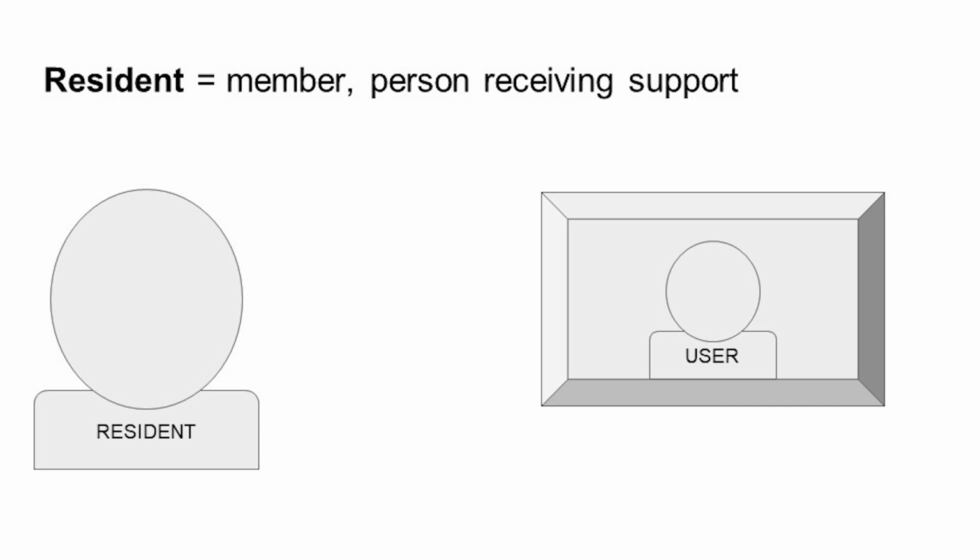And so Daniel, in that case, would be the resident, the one who has the touchscreen. The resident is the one who is receiving support from one or more users. And the resident is the one that will be receiving the care.